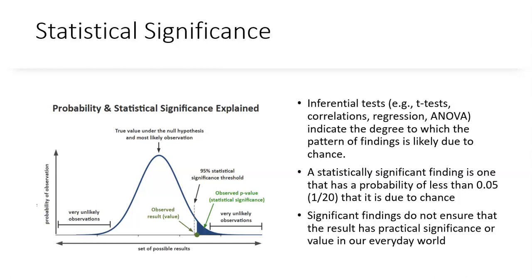We're making a probability assessment of how likely it is that the findings I see in my study, if I were to repeat it over and over and over, I would get the same finding again. So sometimes people in the public who don't have stats training, when they hear the words significant finding, they often think that means it's a huge finding, like there's a massive difference between groups.